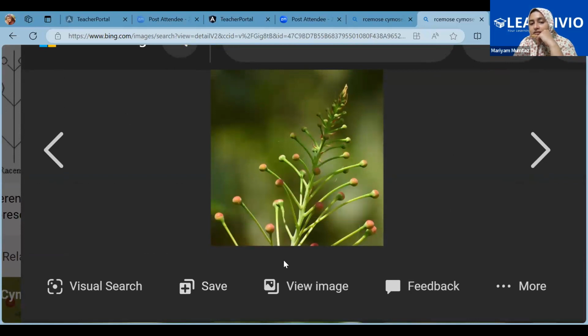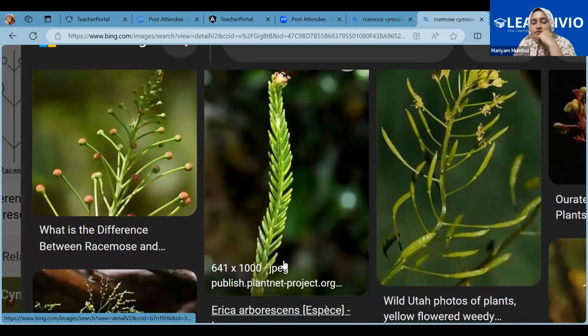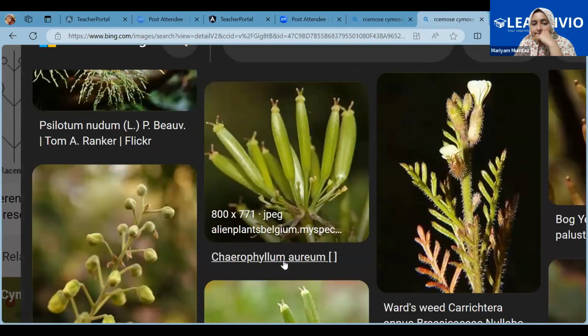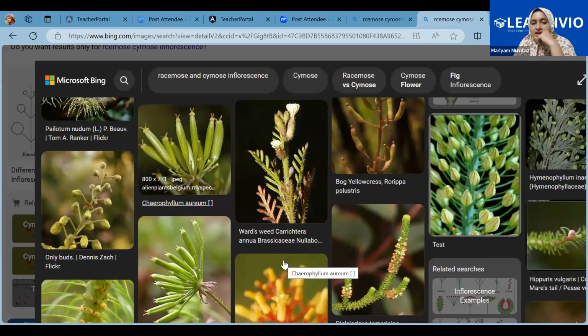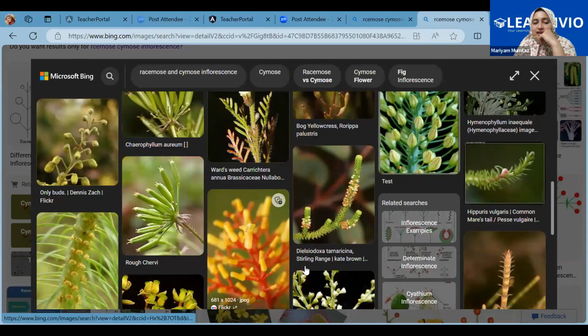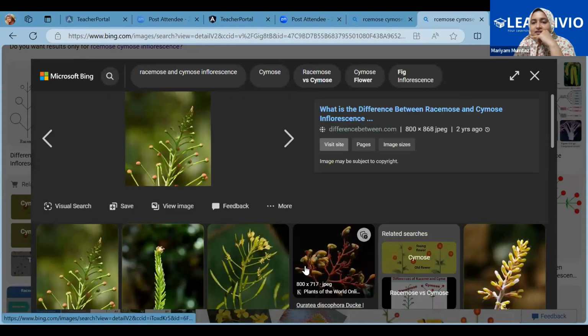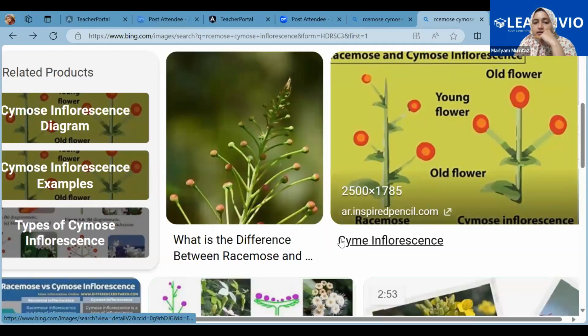Is it racemose or is it cymose? Cymose. Why? Because there is a cap at the end. Yes, ma'am. Correct.